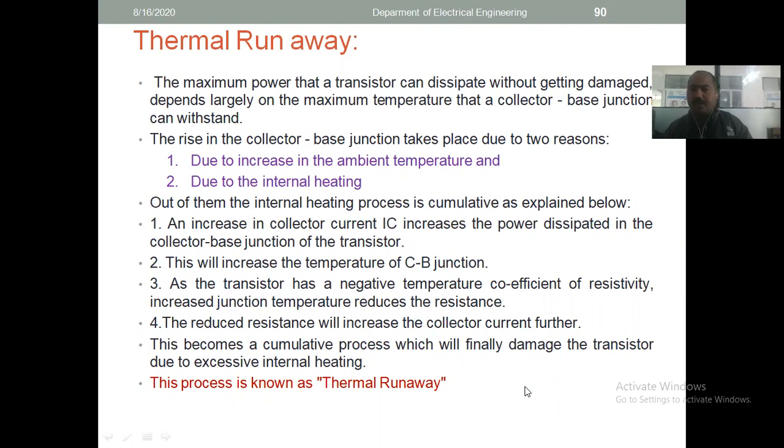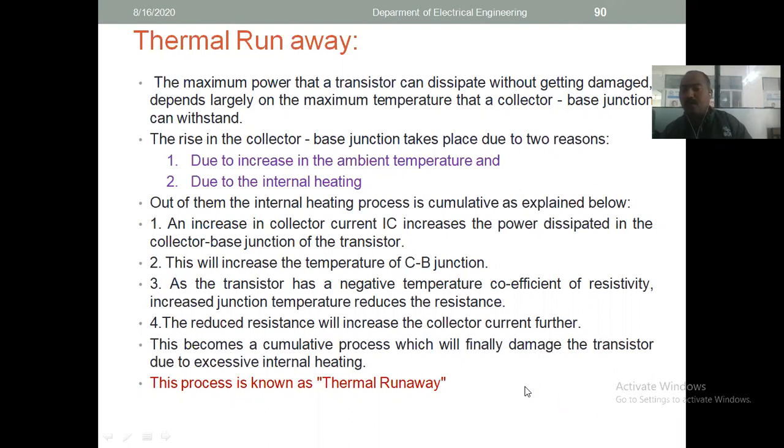When we apply the base current, the output comes across your collector, so the collector current also increases. Due to the increase in collector current, the power flow through that portion also increases.